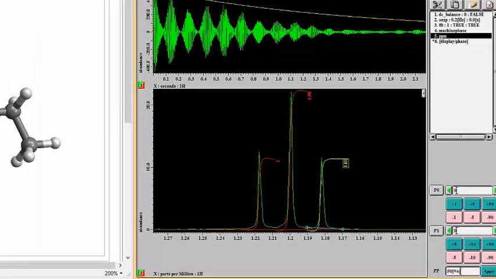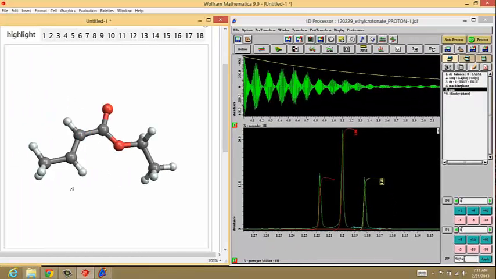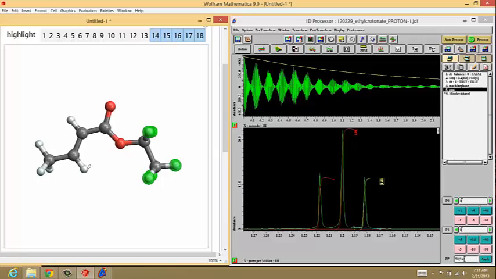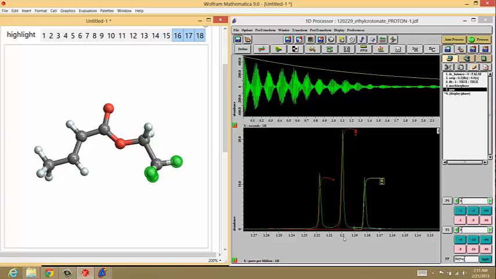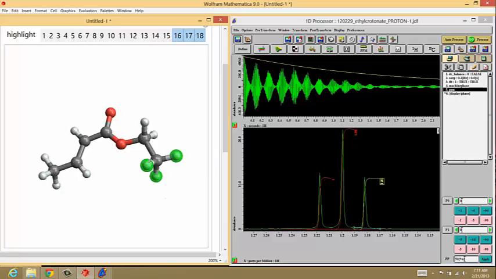So let's take a look at our molecule here. We see there are 2 CH3 groups, but it's this CH3 group that actually has 2 nearest neighbors. So we can unambiguously assign the peak at 1.2 ppm as belonging to this CH3 group that has been highlighted.